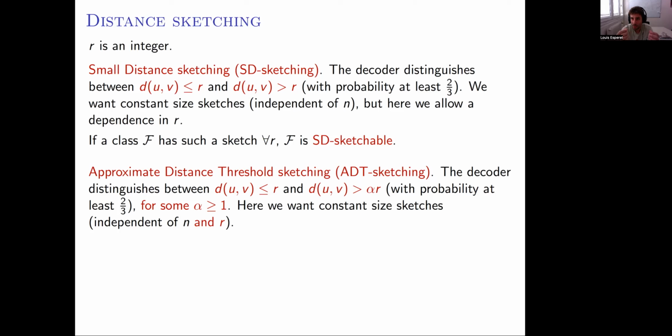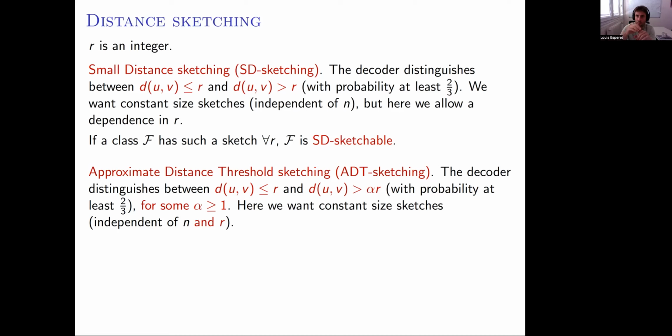And now you want to make the distinction between the distance is at most R or the distance is more than alpha R. So alpha says 1,000: at most R or more than 1,000 R. Now the difference with the previous item is that now we made our life much easier, but we want to gain, and the gain here is that I want sketches of size independent of n, the size of the graph, but also independent of R. Sketches are really some constant, independent of R. R will grow, maybe it can grow as something that depends on n, but I want sketches of constant size in this case.